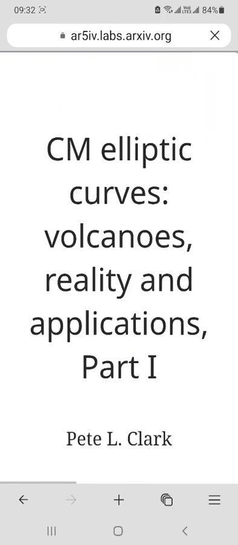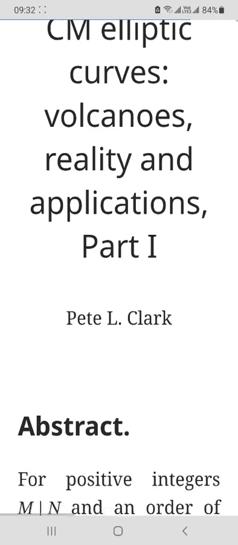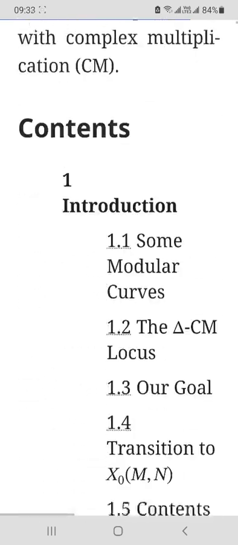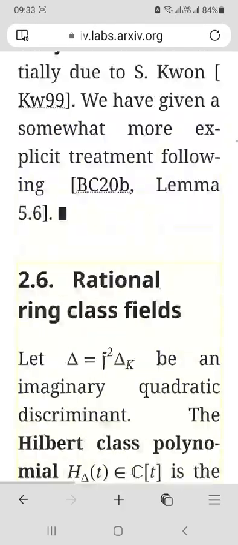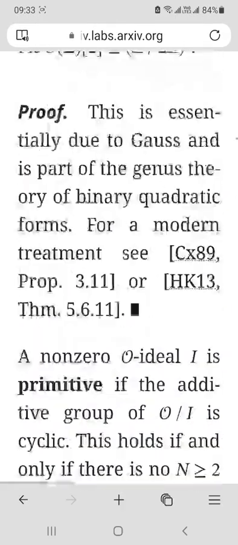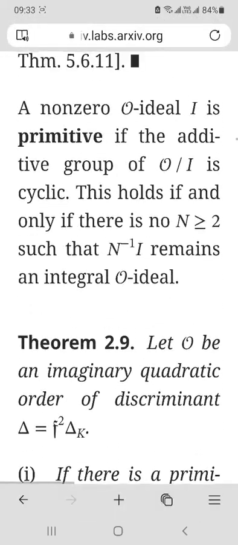In another paper of P. Clark, the paper on CM elliptic curves, volcanoes, reality, applications, part 1, we consider Theorem 2.9. A non-zero O-ideal I is primitive if the additive group of O quotient by I is cyclic.